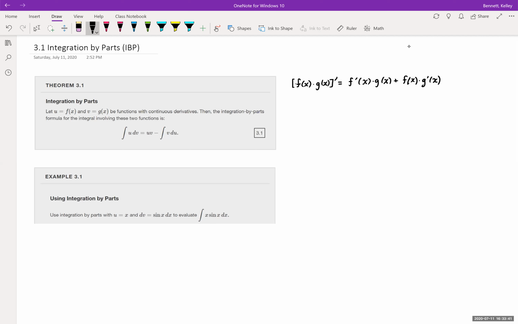And so if I integrated this, because integration is linear, meaning if I integrate over a sum, I can just take the sum of the integrals.